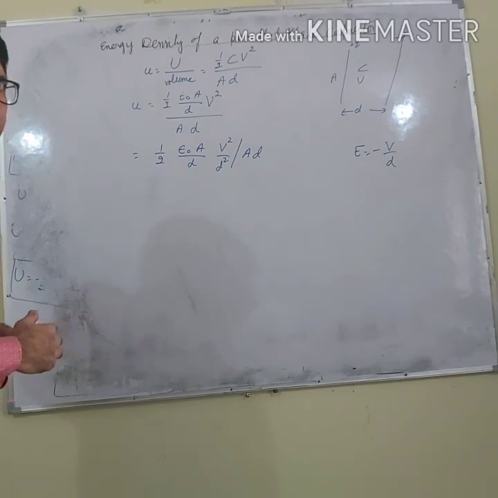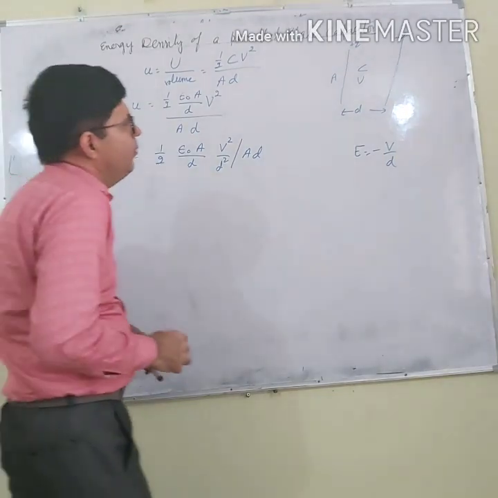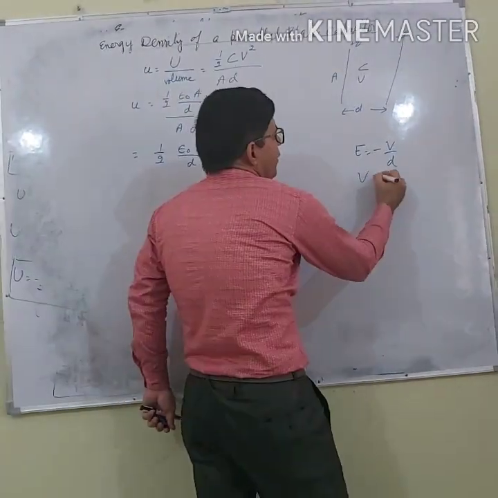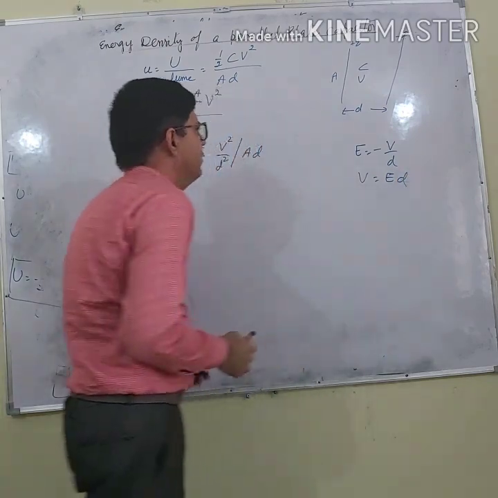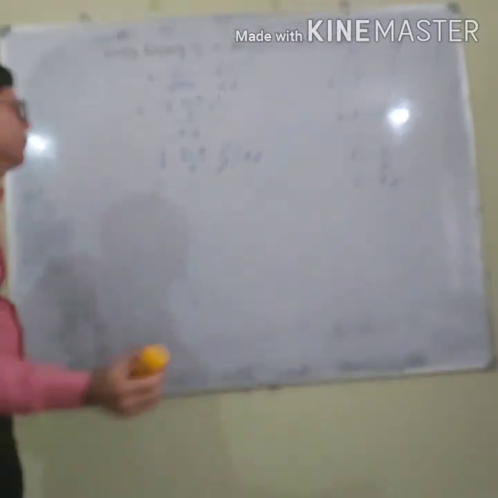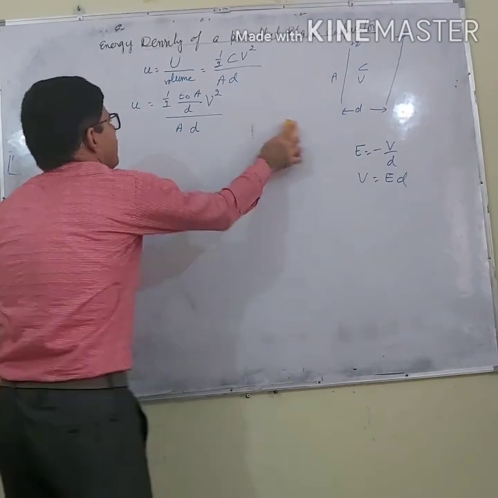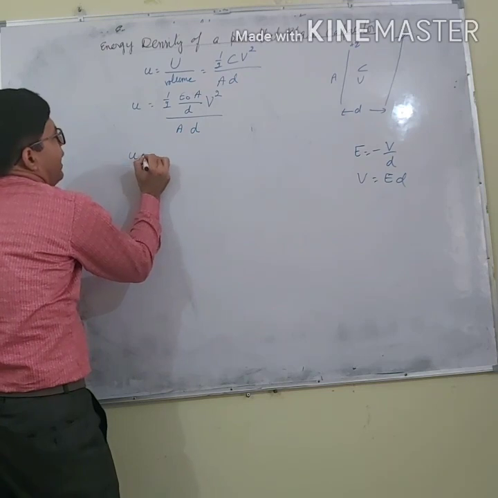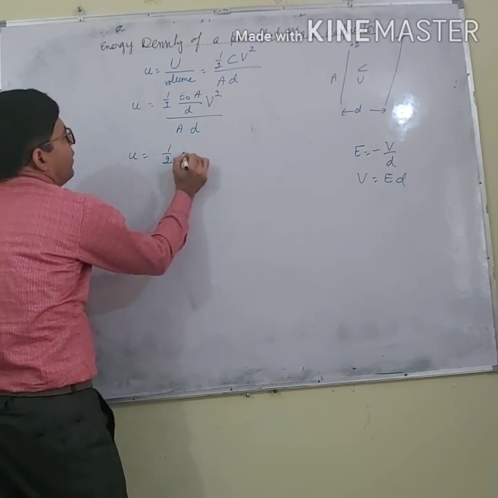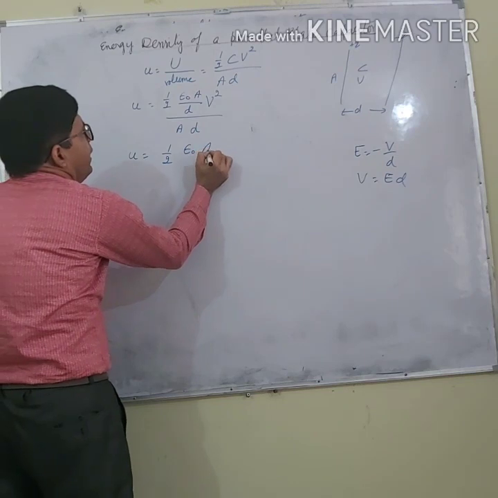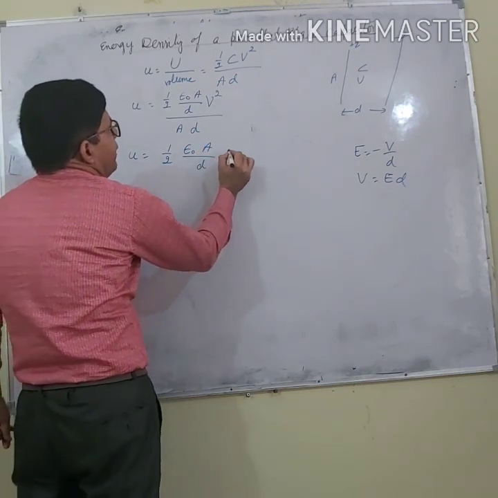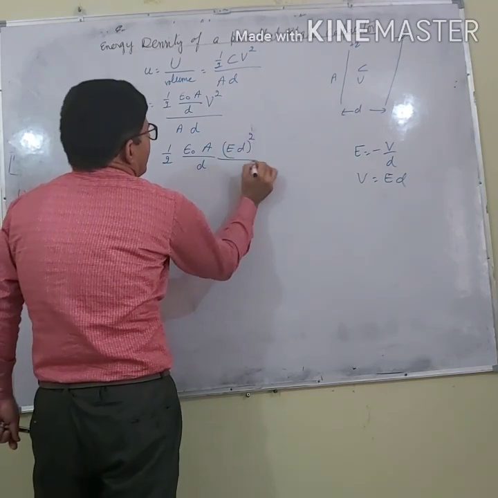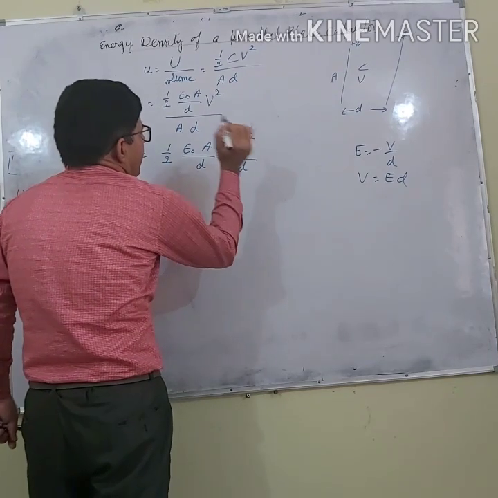Now, is it correct? It's incorrect. Why? Because E equals V by D. So V equals E into D. There was a mistake. So the energy density is half epsilon naught A by D, E square D square, upon AD.